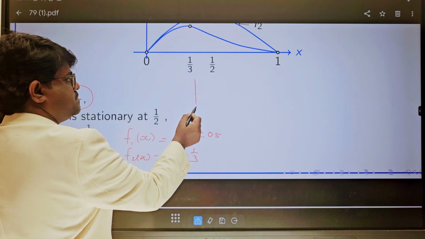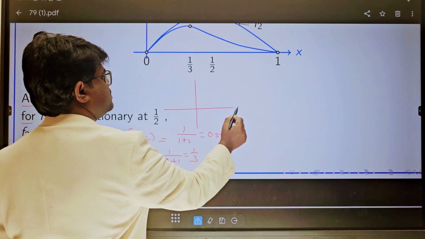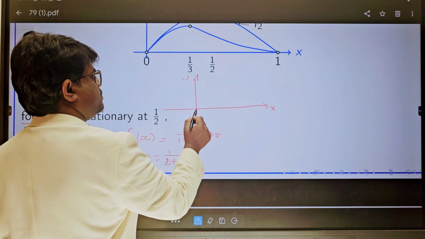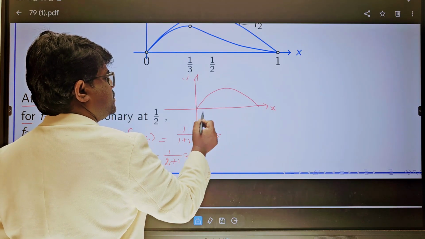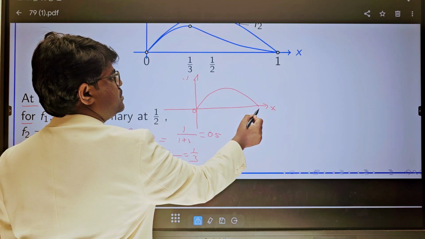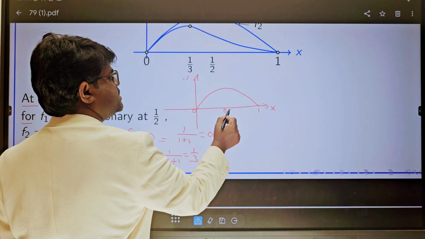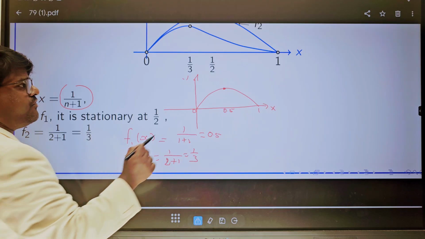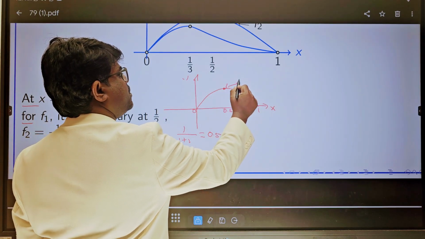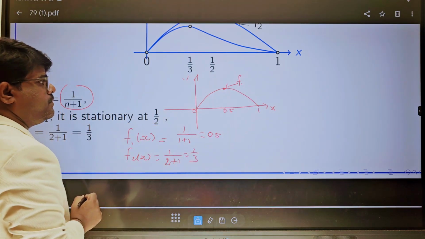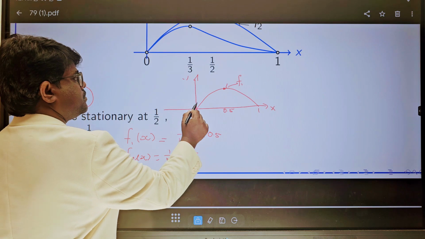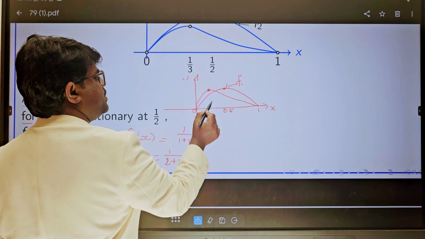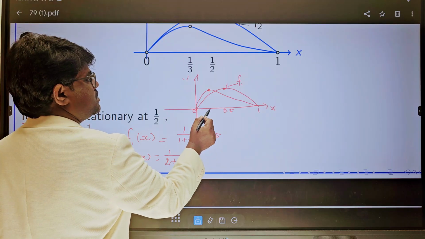That is, this is 0, this is 1, this is 0.5, this is the stationary point for f1, this is the stationary point for 1 by 3.